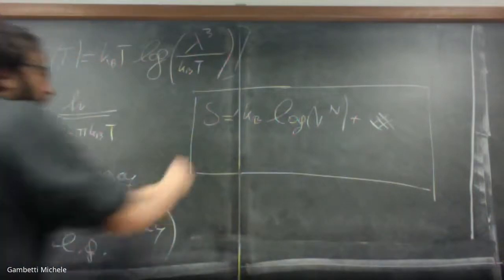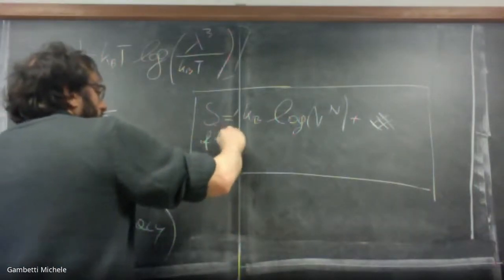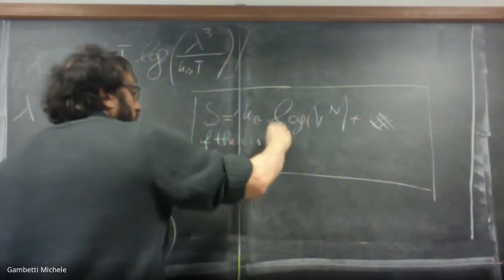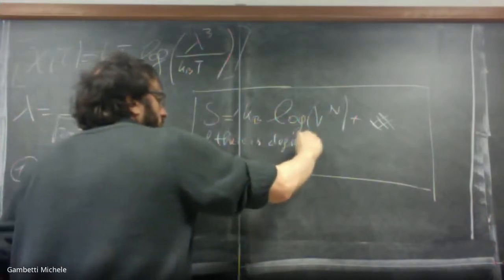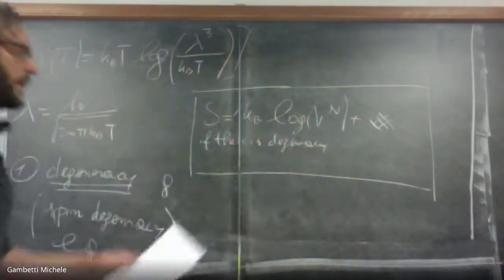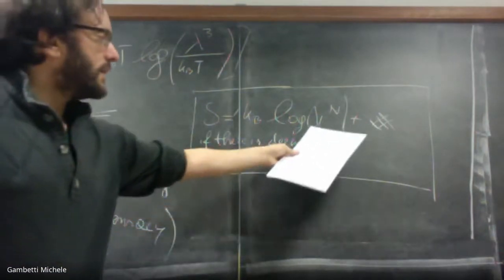Now, if there is degeneracy, these integrals basically get a factor of g.